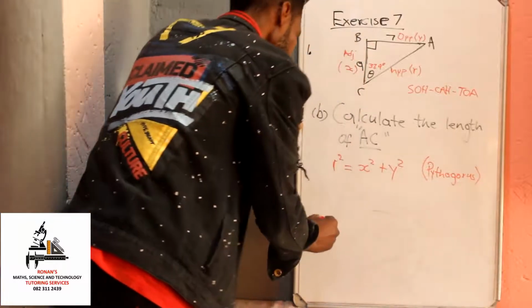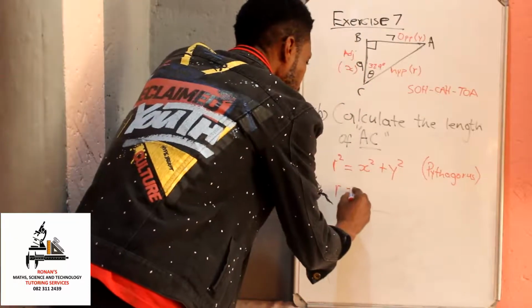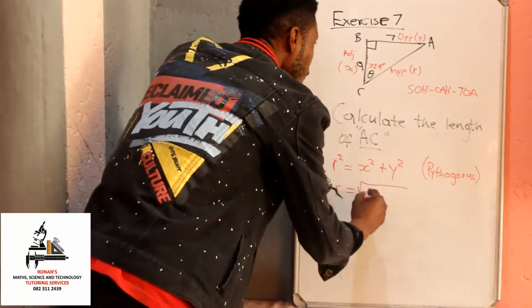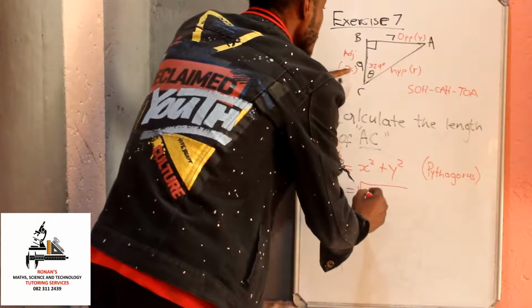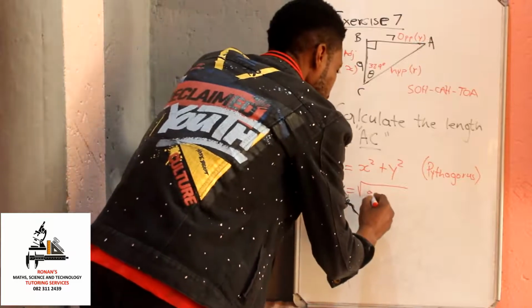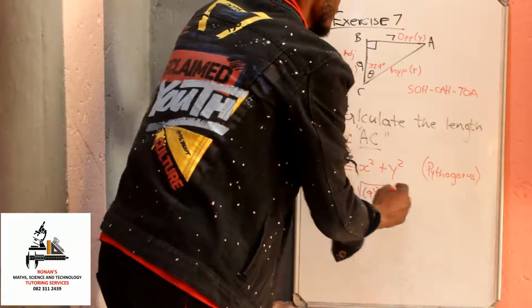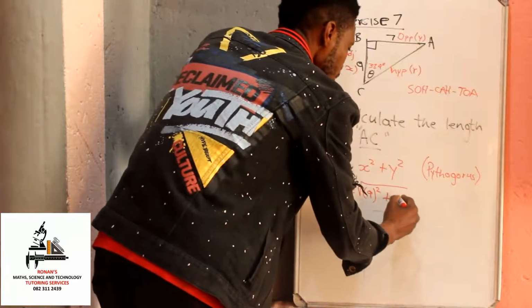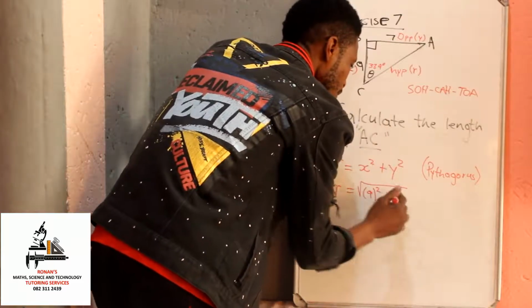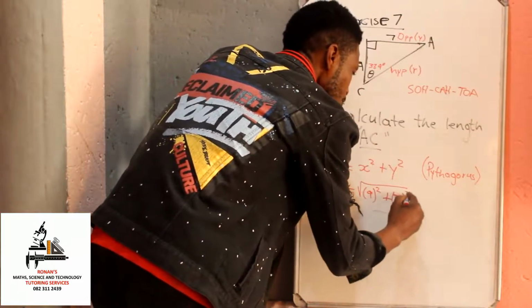theorem. And then R will be equal to the square root of X squared, X being 9 squared, plus Y being 7 squared.